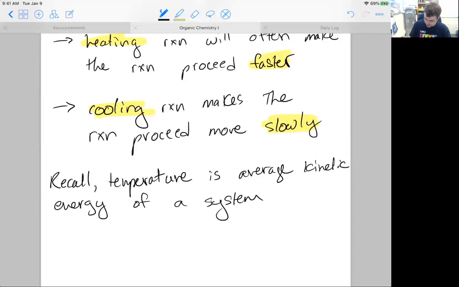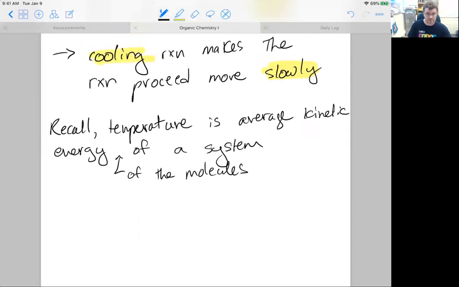It's the average kinetic energy of the molecules in a system. So the molecules or chemical components, the atoms, however you want to define it, it's the average kinetic energy of that, that is, how much on average each of those things is moving. With that definition in mind, we can start to think about how heat impacts a reaction.